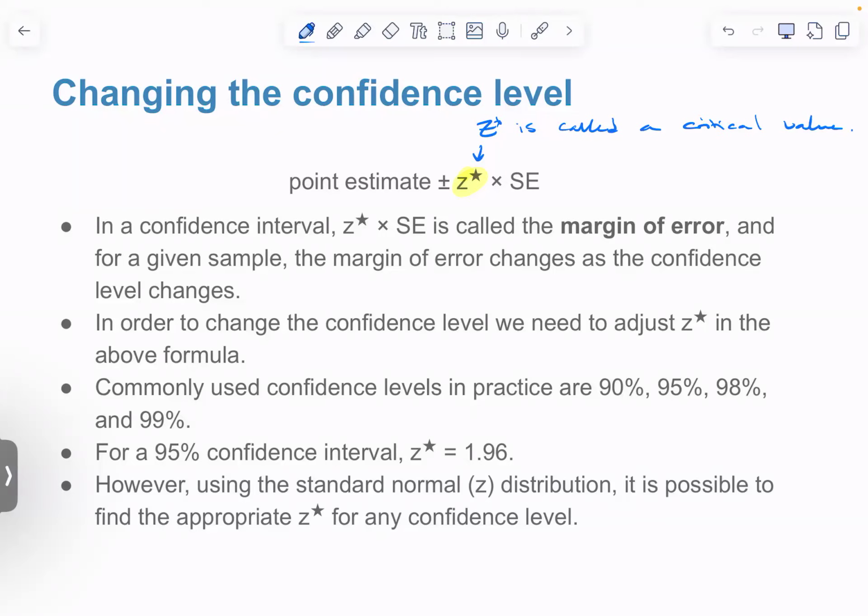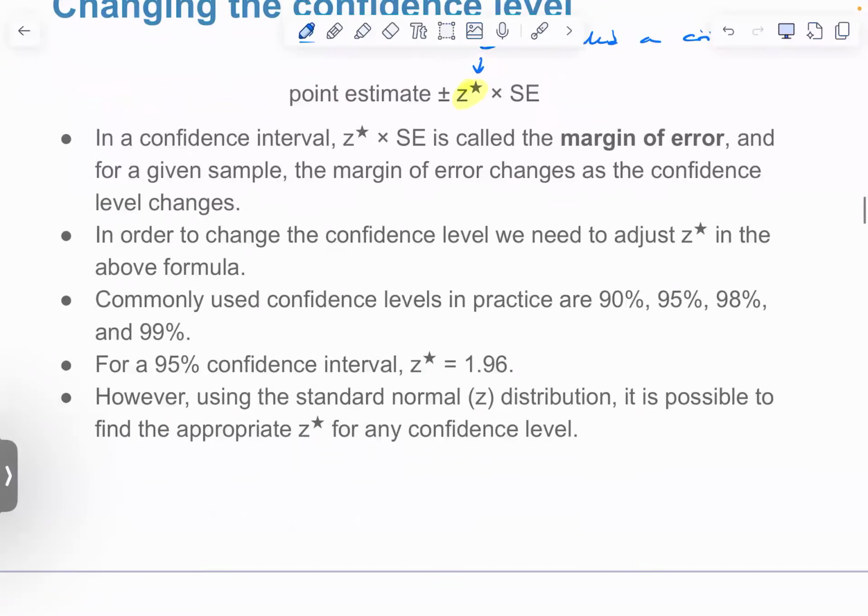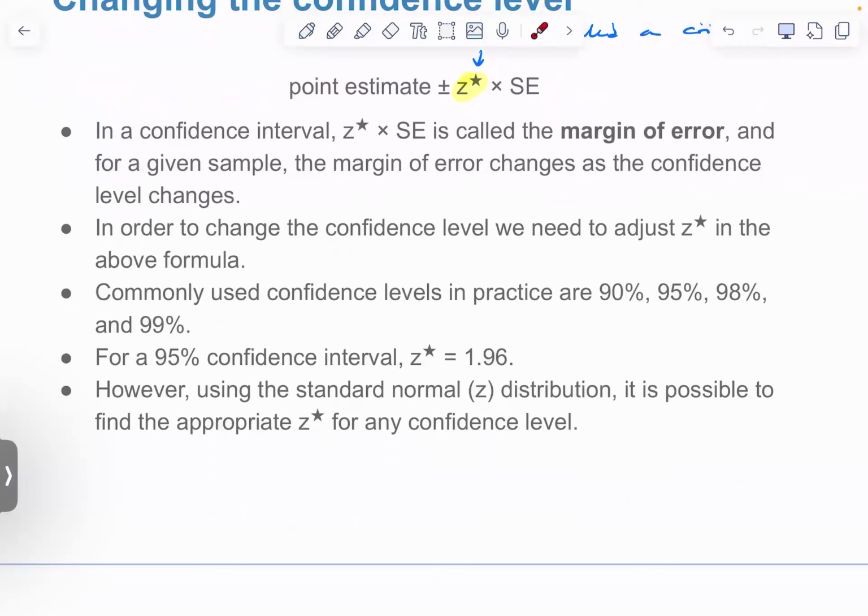And so we can change Z star by using the table, and I'll bring it in just so we can have a refresher, but some commonly used confidence levels are 90, 95, 98, and 99, right? And 95% is your go-to 1.96.